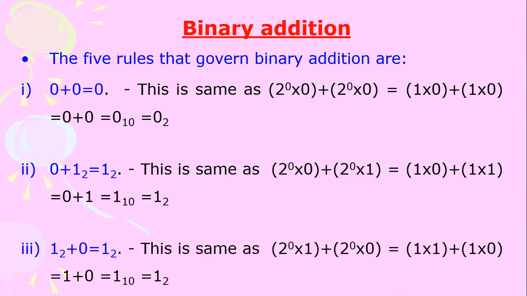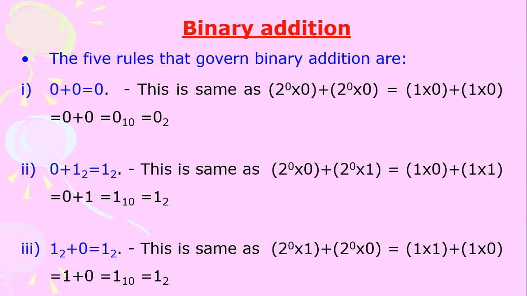The third rule is, when you are adding 1 in binary to 0 in binary, you get 1. So 1 plus 0 is equals to 1. So that is that rule.